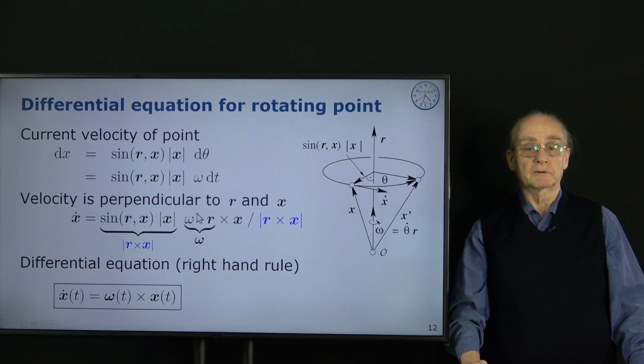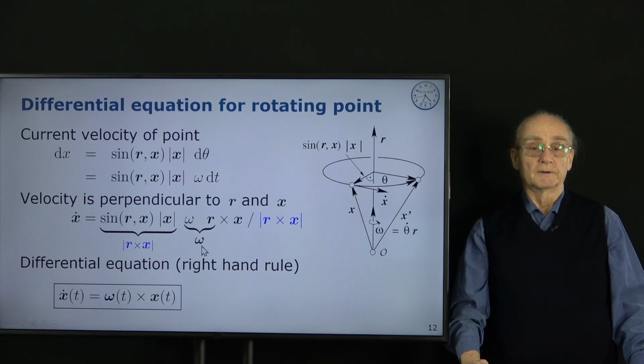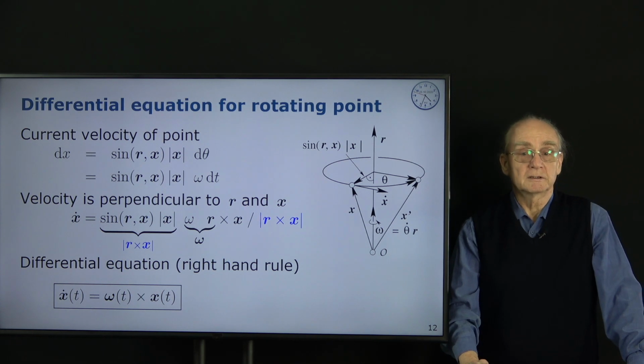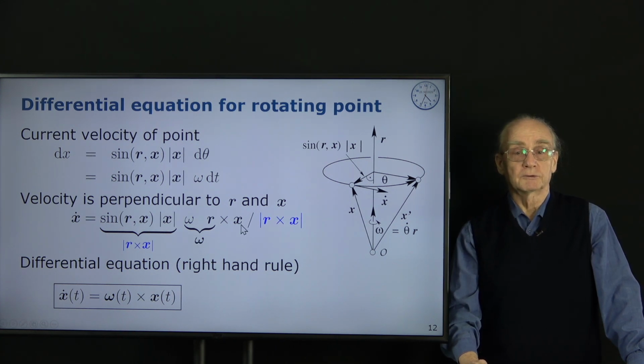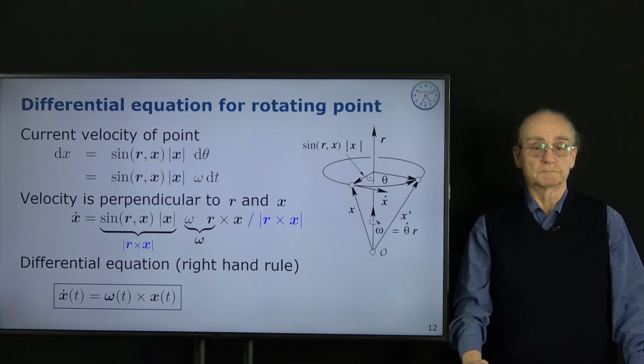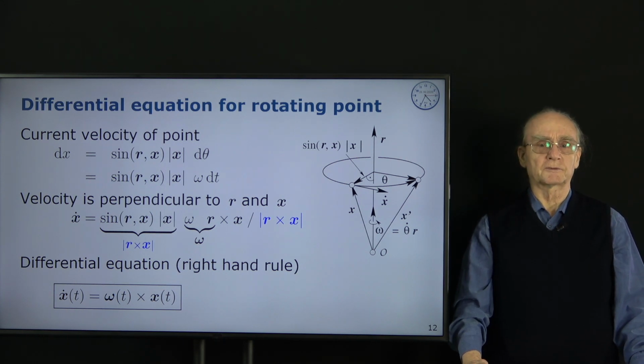And now we put together the omega with the direction and we get the vector, the rotational velocity vector. And this gives us x dot. That means the velocity of our point in 3D is the cross product of the angular velocity cross the position of the point. And if we make this whole thing time dependent, we have this differential equation. Of course, we take the right-hand rule of the cross product into account. So this is an application of small rotation vectors.